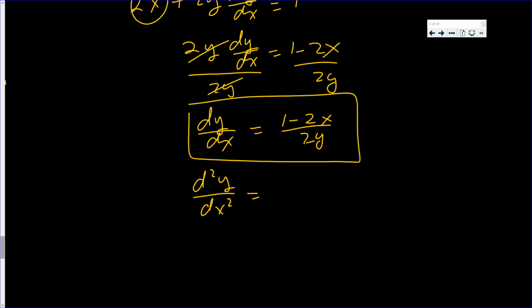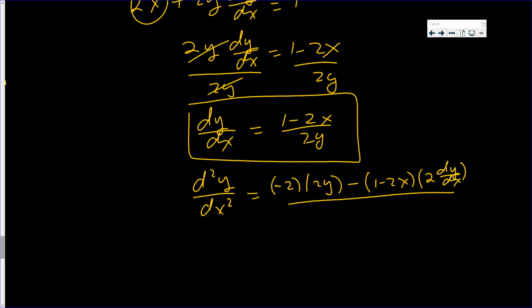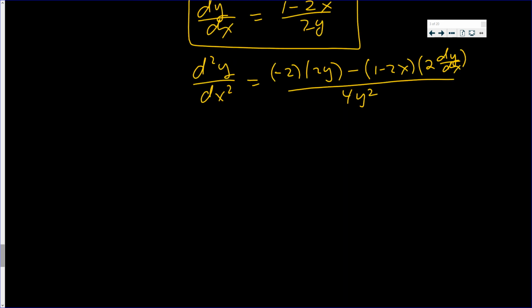Quotient rule. The derivative of the top is minus 2 times the bottom minus the top times the derivative of the bottom, which is 2 dy dx, all over the bottom squared, which is 4y squared. So let's just clean this up a little bit.